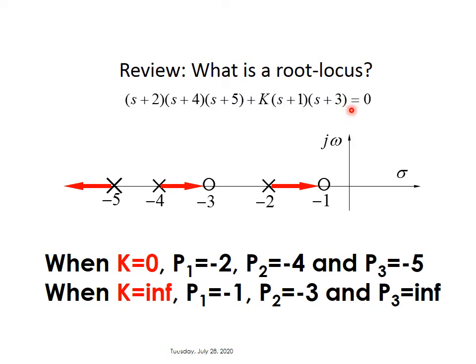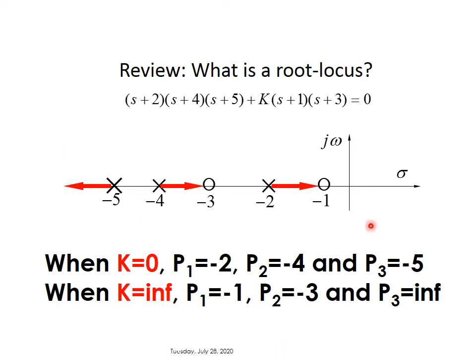So s plus 1 and s plus 3 are basically the zeros. The minus 1 and minus 3 are marked here with these zero symbols. And then there's another one at infinity. We don't know where the position is, so it is not noted over here.